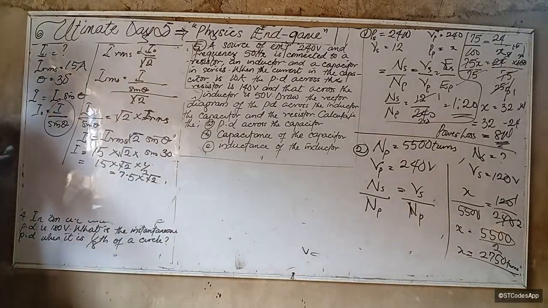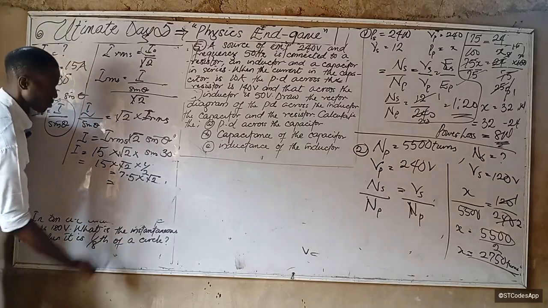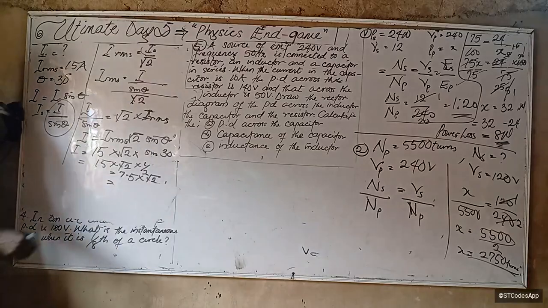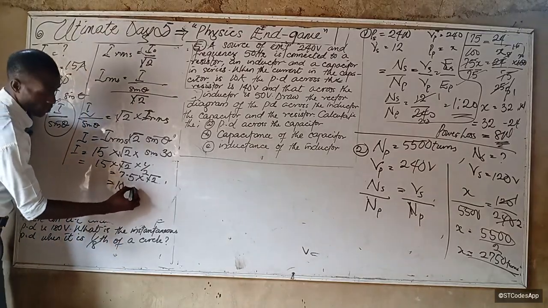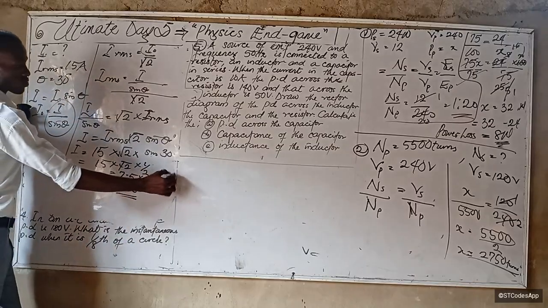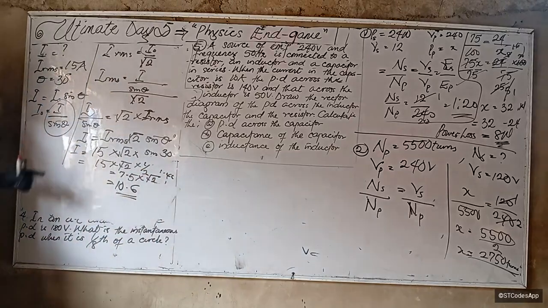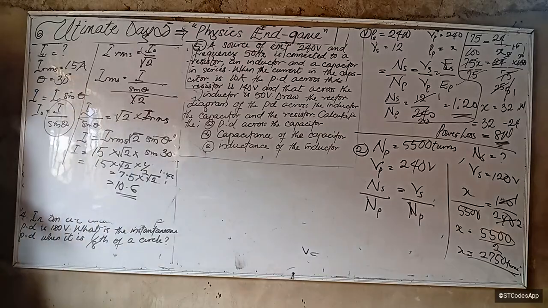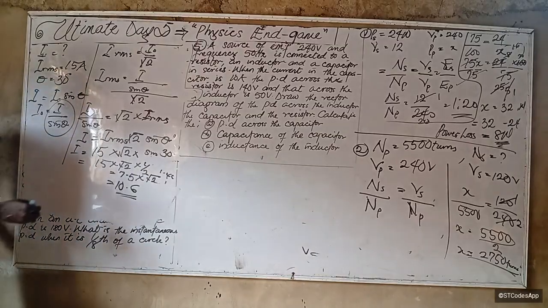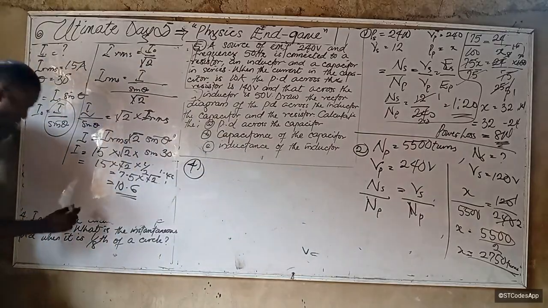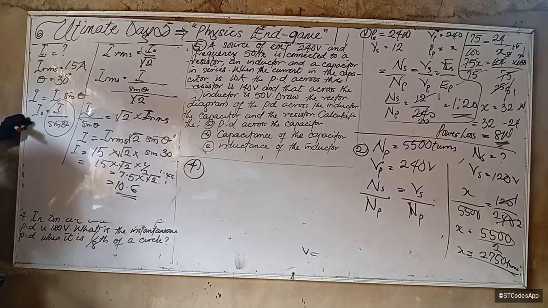What will 7.5 times root 2 give you? 10.6, because root 2 is 1.41 something. Okay. Then number 4. Number 4 question says, in an AC circuit, read the question please.